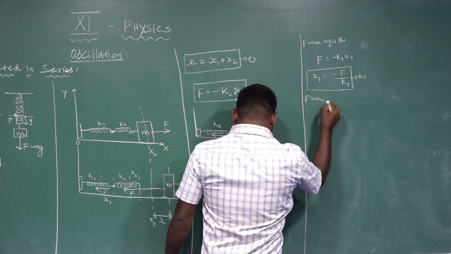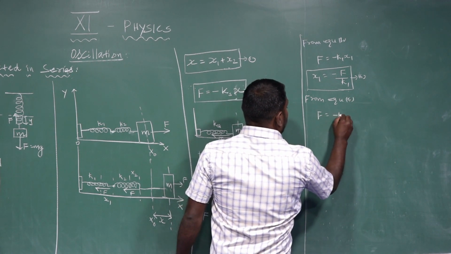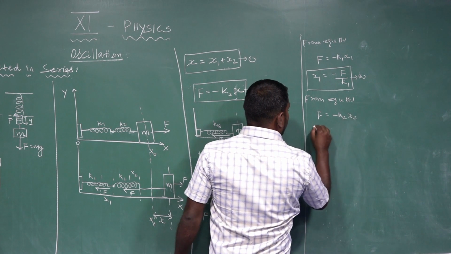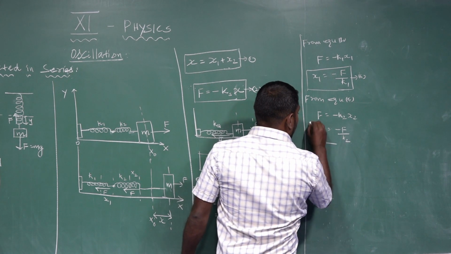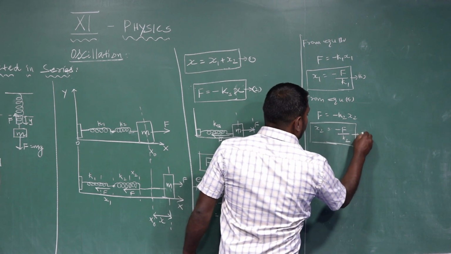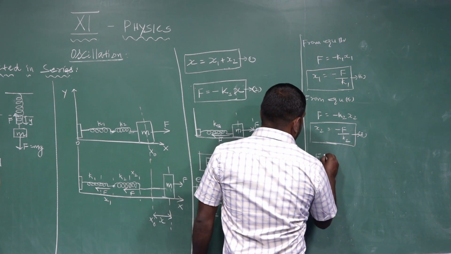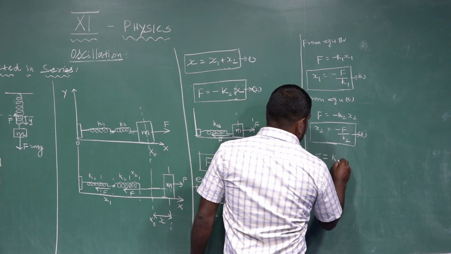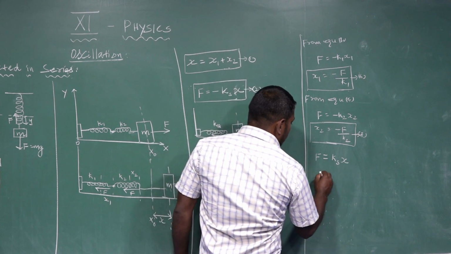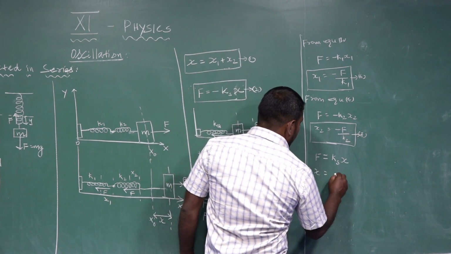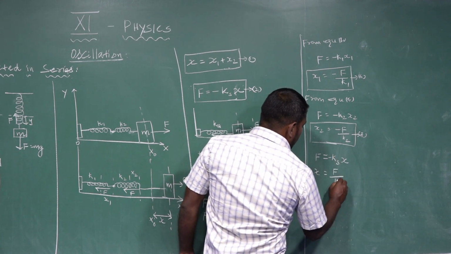From equation 5, F is equal to minus K2 x2, so x2 is equal to minus F divided by K2. Equation number 7. F is equal to Ks into x. Here x is equal to F divided by Ks.